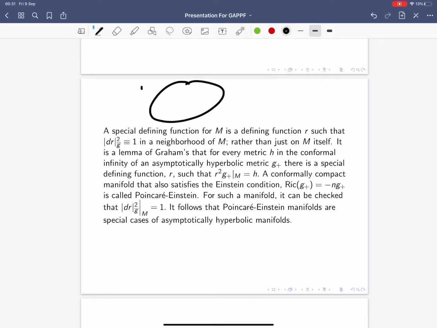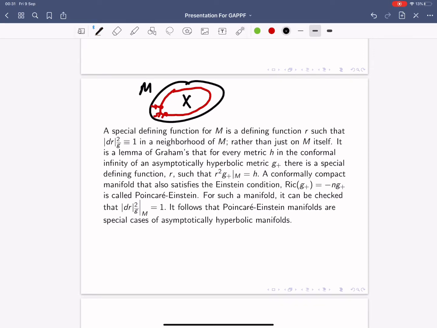So if this is M, the inside is X, say, and say we can take some neighbourhood of M. We should call that a collar neighbourhood. And if in here dr has length 1, so in there dr basically acts like a distance to the boundary function with respect to G bar.